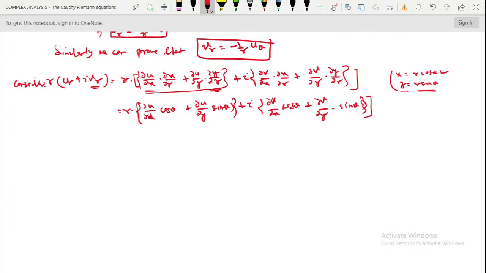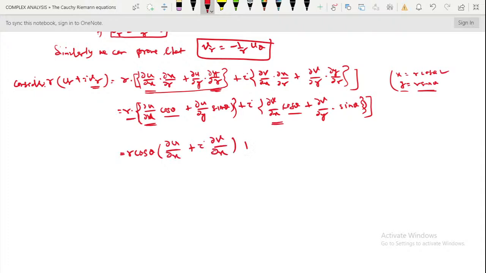So r times these things. Then if we combine, r is common from this whole thing. Then this is cos theta, and this is cos theta. So what you will get? This is r cos theta taking common, this is del u by del x, then this is i times del v by del x.